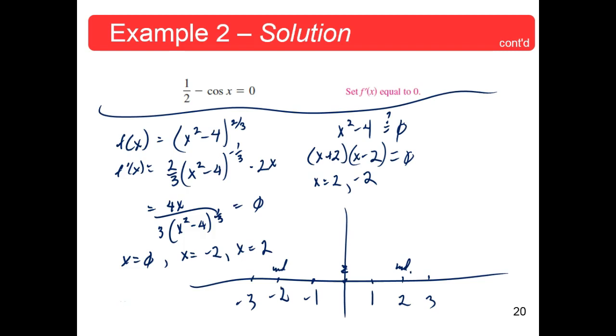So let's do f prime of, which one you want to do first? Negative 1? Okay. What is that going to be? 4 times negative 1, right? Over 3 times, what's negative 1 squared? 1 minus 4 to the 1/3 power.